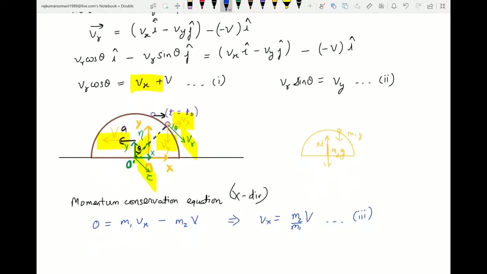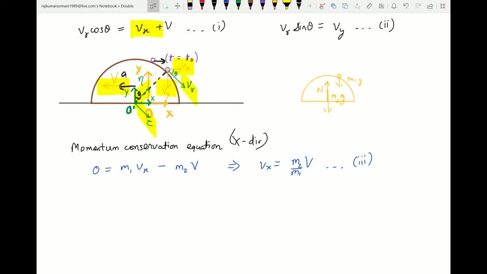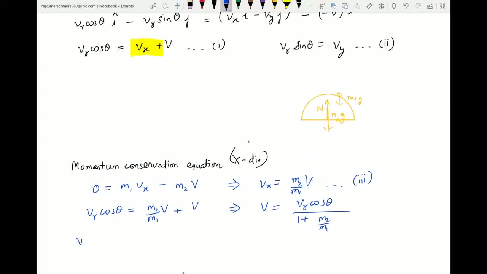So I substitute Vx in equation number 1, and that gives me Vr cos theta is equal to m2 upon m1 times V plus V. This implies V is equal to Vr cos theta divided by 1 plus m2 by m1, and I can get Vx in terms of Vr.